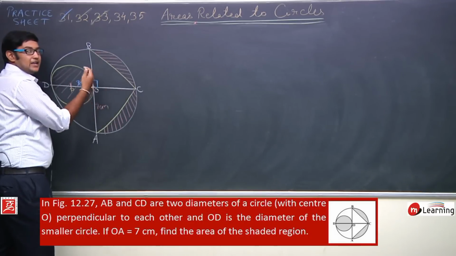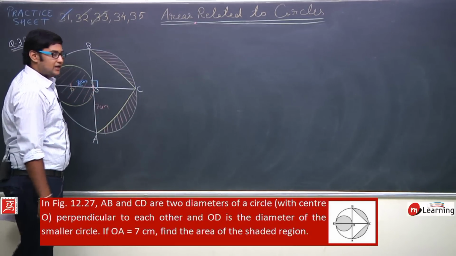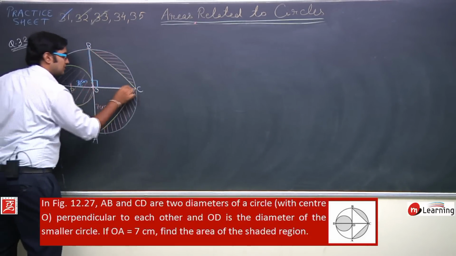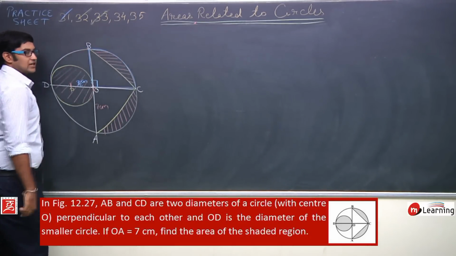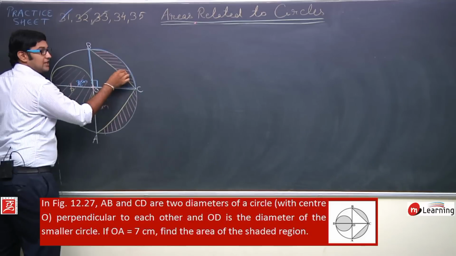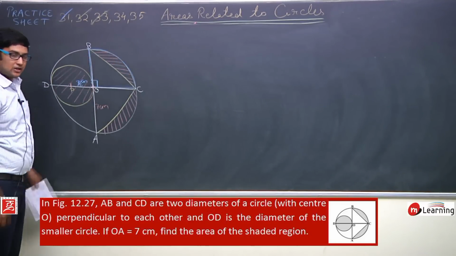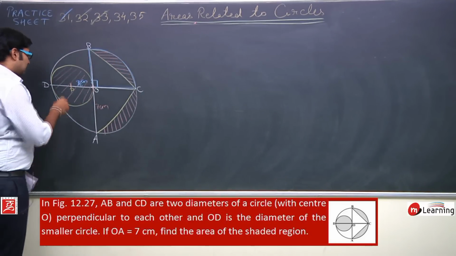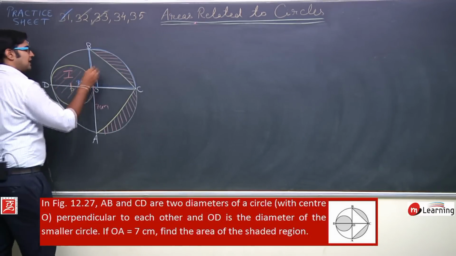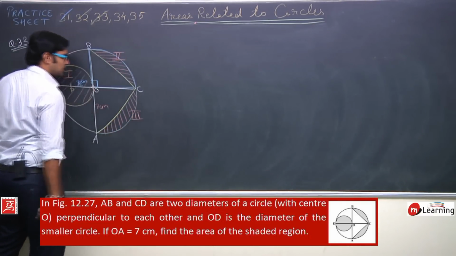The two radii are inclined at an angle of 90 degrees with each other, and this is a sector of the circle. In this sector, if I remove this triangle, we can calculate the area of this particular segment. Okay, this is the segment of the circle. So let us say this is region 1, this is region 2, and this is region 3.